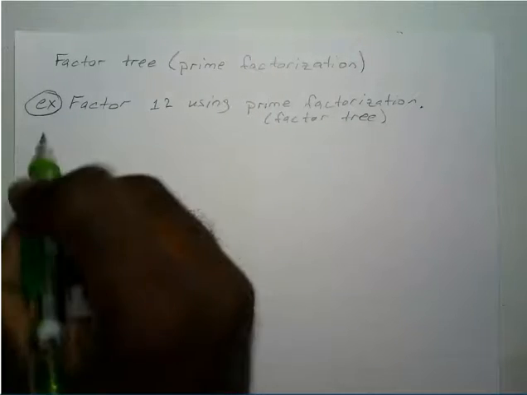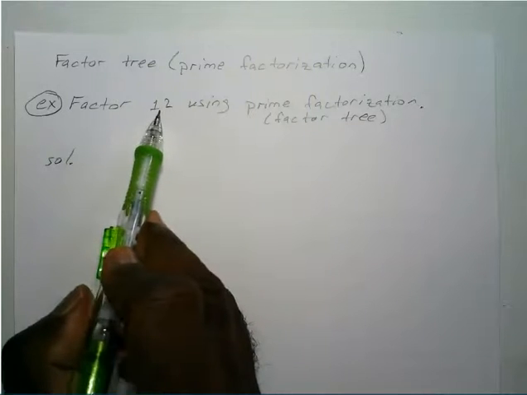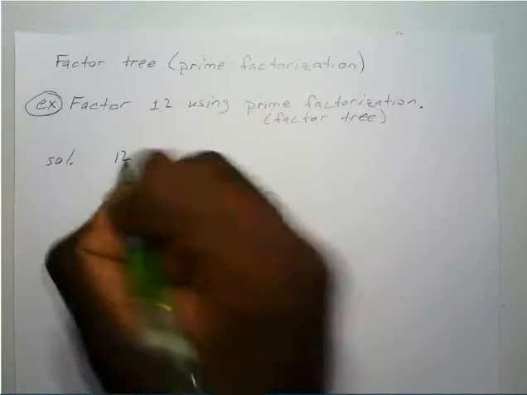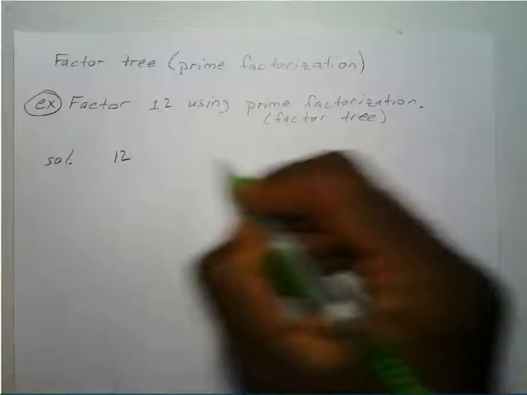What we're going to do is start off with our 12, and break that down into factors until we can't break down the individual factors anymore. I'll show you what I mean by that.